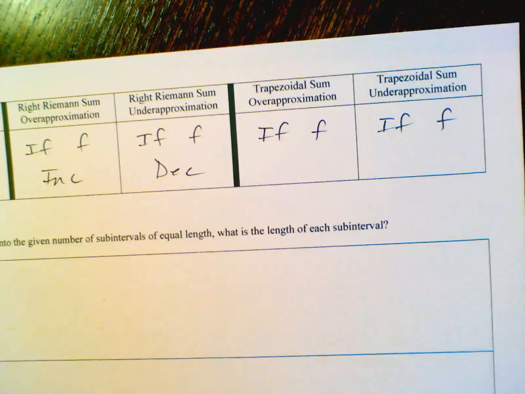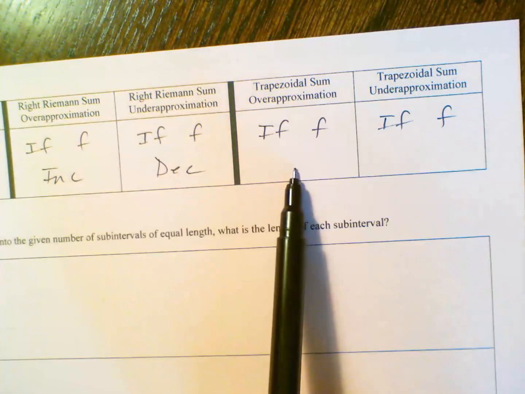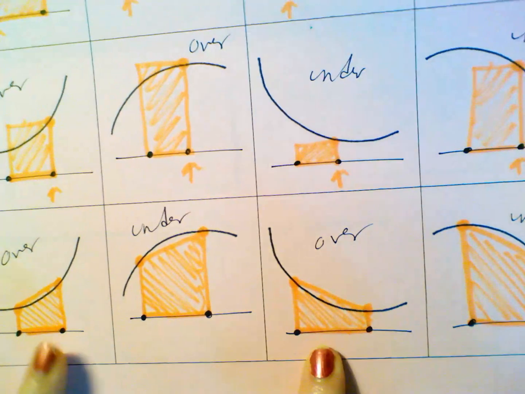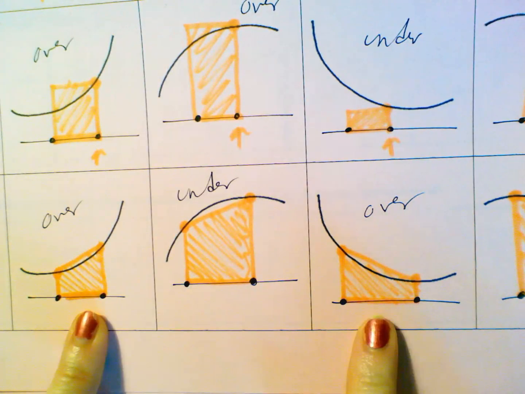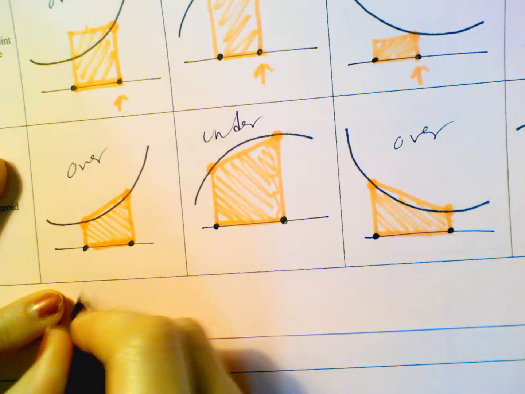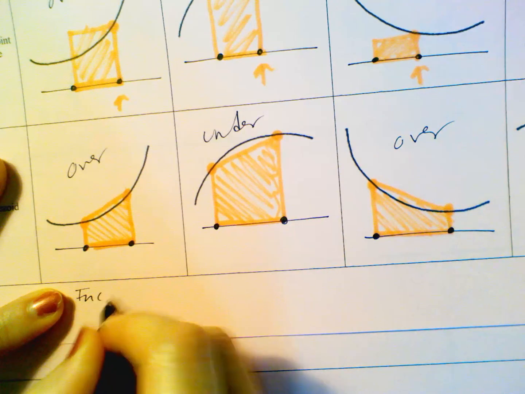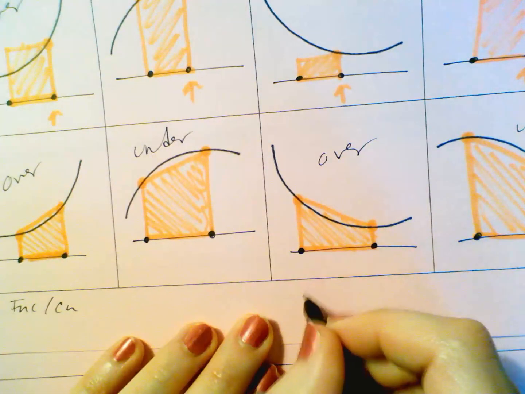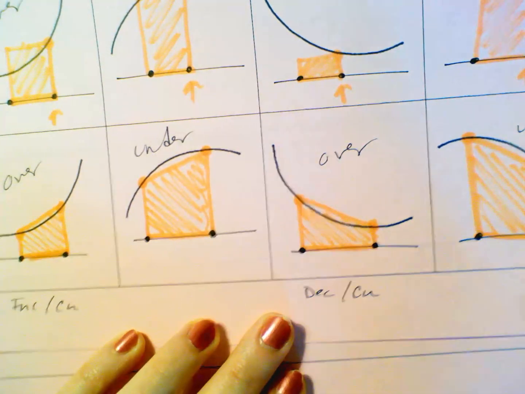Now the trapezoidal sum, over approximation. Guys, here is where we have our over approximations for the trapezoidal sum. Now let's go up to the top. So here's our over approximations. Here we have increasing concave up. Here we have decreasing concave up.